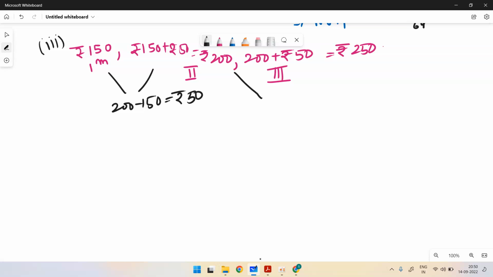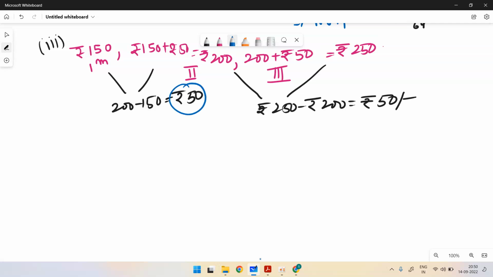And also rupees 250 minus rupees 200 is nothing but rupees 50. So since both differences are the same, the common difference is the same, which implies that it forms an arithmetic progression.